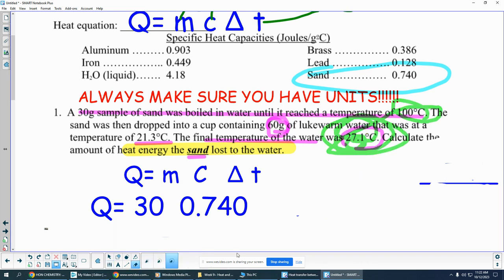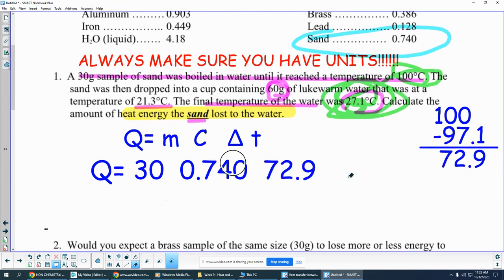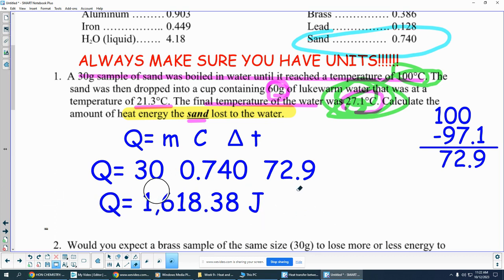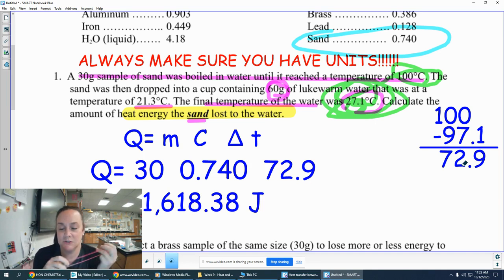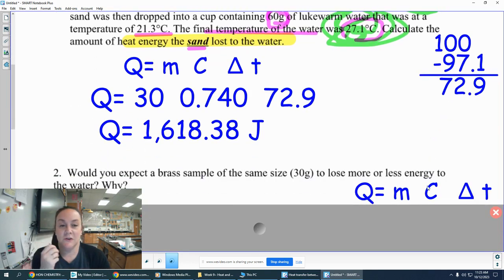So your delta T is 100 minus 27.1, and that gets me 72.9. Then we're going to multiply those together, and you're looking at 1,618.38 joules. That's how much energy the sand gave to that water, or how much the sand lost to the water. Law of conservation of energy.